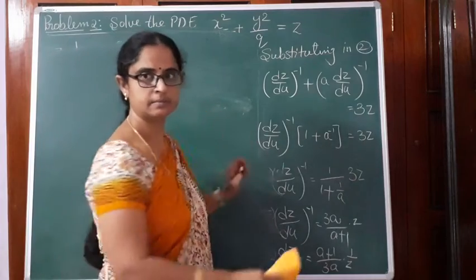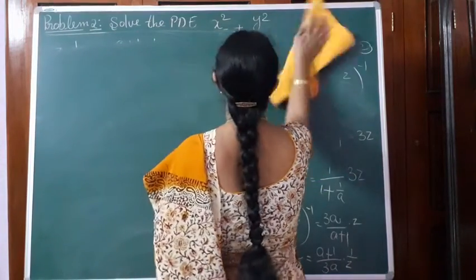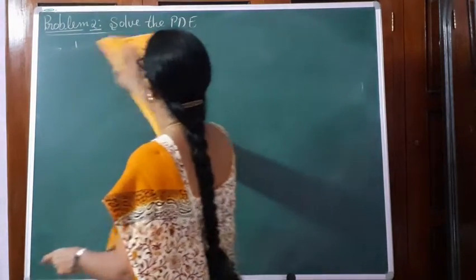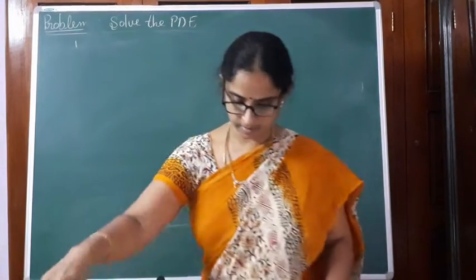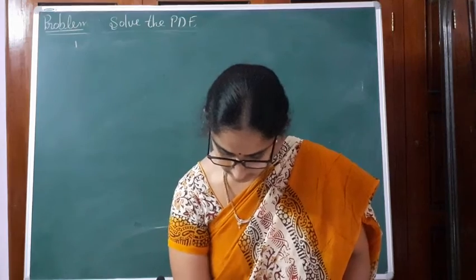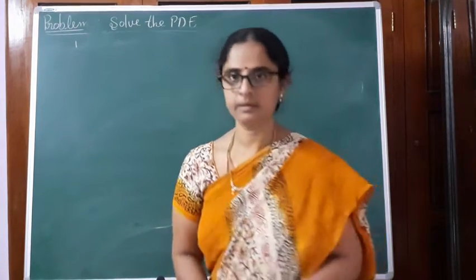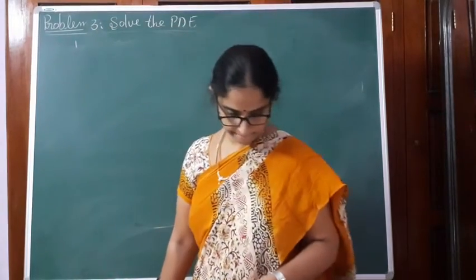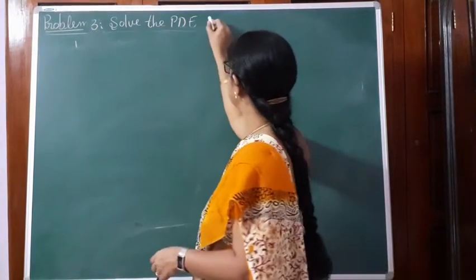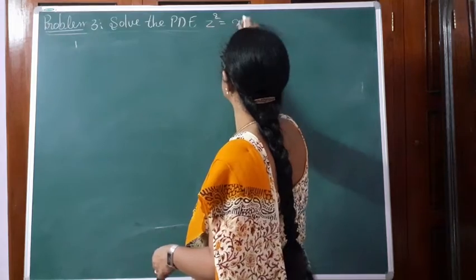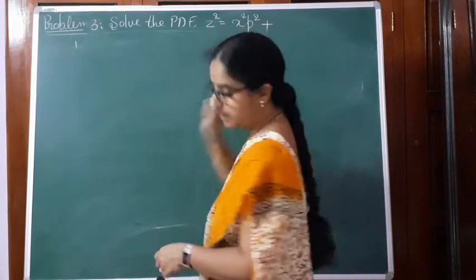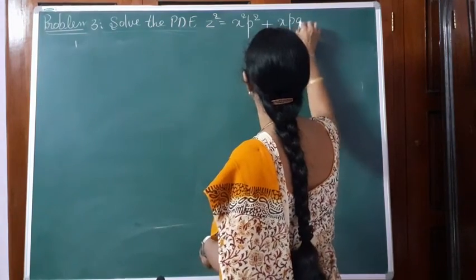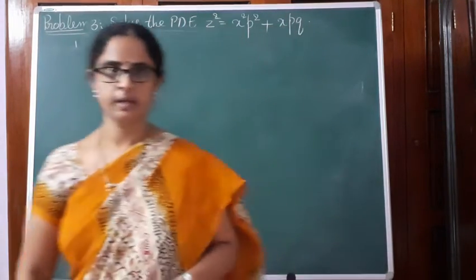Next problem is: solve the PDE z square is equal to x square p square plus x into pq.